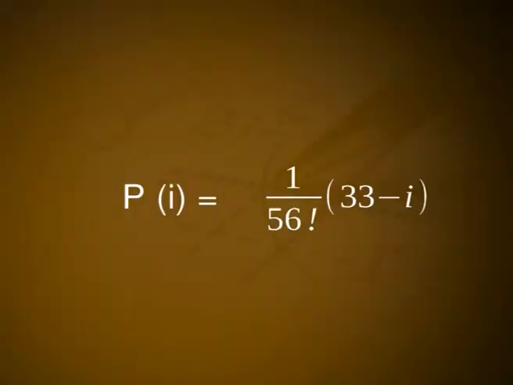Next example, digital data received from a remote site might fill up 0 to 32 buffers. Let the sample space be S equals the set {0, 1, 2, ..., 32}, where the sample i denotes that i of the buffers are full. It is given that P(i) equals 1/(56 factorial × (33 minus i)).